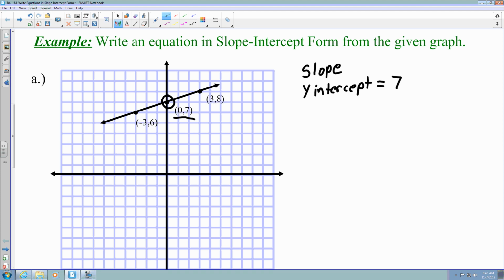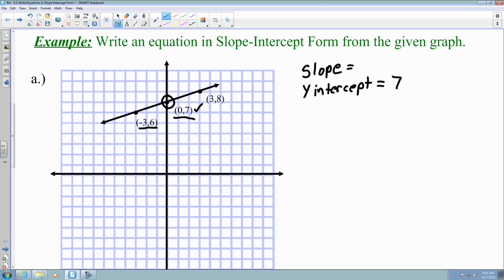Now, we can solve for the slope in one of two ways. One, we can count the graph. We can look at our rise over run. So I'm going to start at negative 3 comma 6, and I'm going to count to see where it lands, which is at 0 comma negative 7.